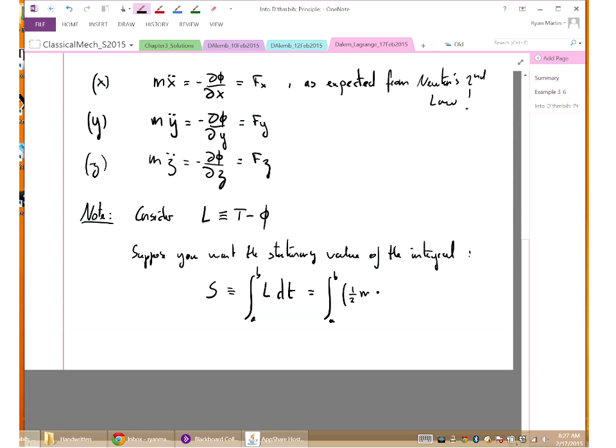So T is a half m times ẋ squared plus ẏ squared plus ż squared, right? That's T minus φ.